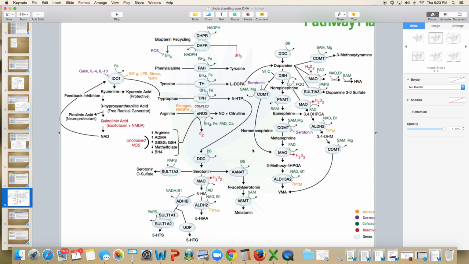Because the next gene we talk about is dopamine up here, and the COMT gene. So dopamine, hopefully you can see my cursor, it's in the upper right-hand side, and that's degraded through COMT. Also norepinephrine is degraded through MAO, and epinephrine is degraded through COMT. The COMT gene can do just the same.